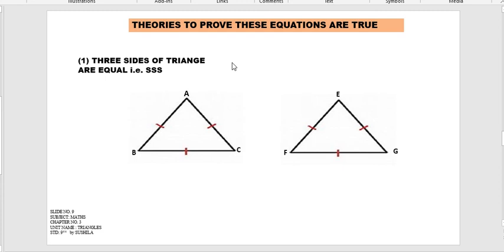Each side of one triangle will be equal to the corresponding side of the other triangle. How will you perform this? You will take a perfect measurement of AB, suppose 5 centimeter, EF also 5 centimeter, AC is equal to 3 centimeter, EG is equal to 3 centimeter, BC is equal to 7 centimeter, FG is equal to 7 centimeter. If you put these two triangles on each other, they will be equal, and with the measurement itself we can say these two triangles are equal, right?